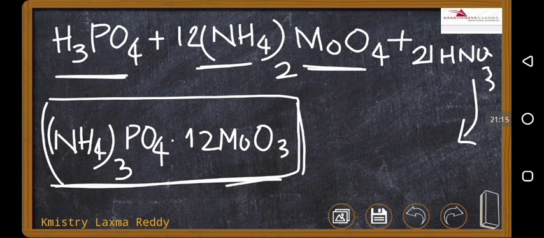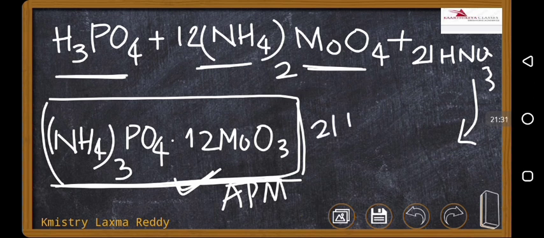What we are saying earlier, yellow PPT or yellow compound is formed. That is this. This is yellow ammonium phosphomolybdate. Ammonium phosphomolybdate, (NH4)3PO4·12MoO3. Along with this, 21 moles of NH4NO3 and 12 moles of water are formed.